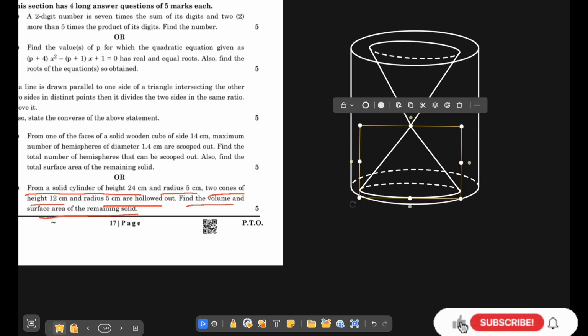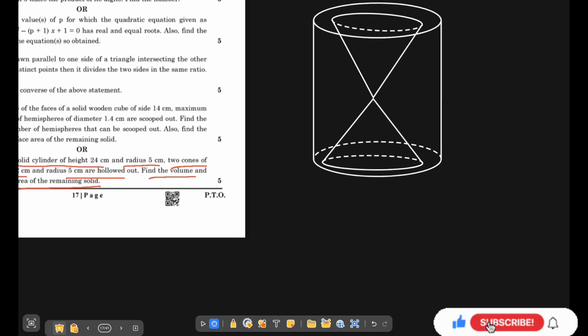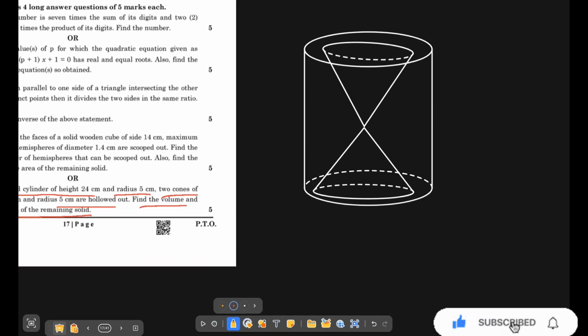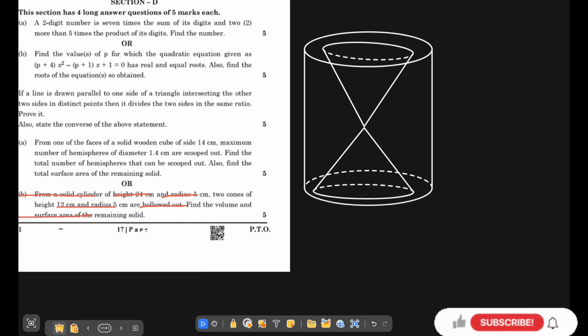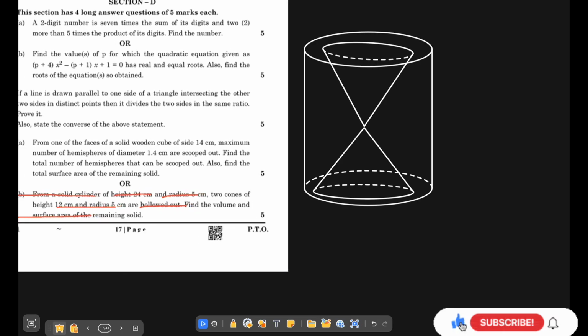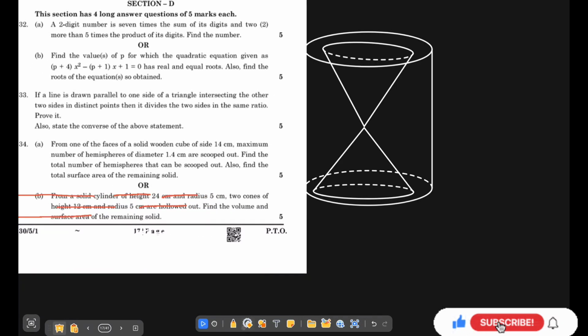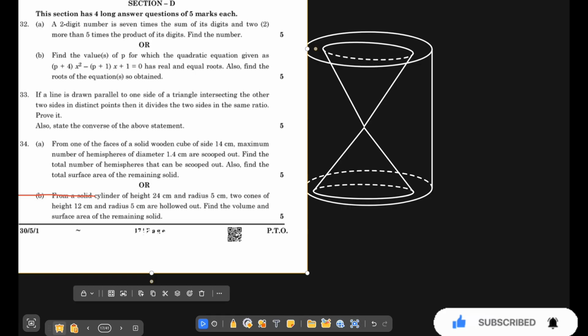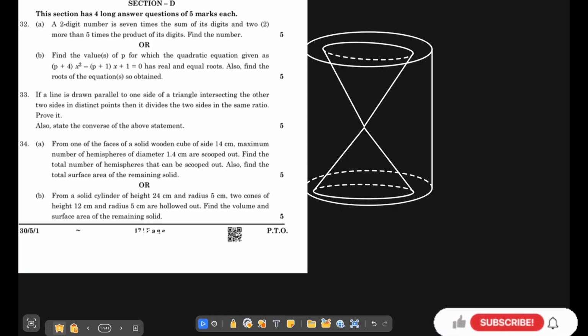Okay. So what is the height? Solid height is 24 centimeters.